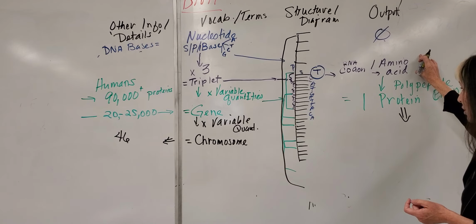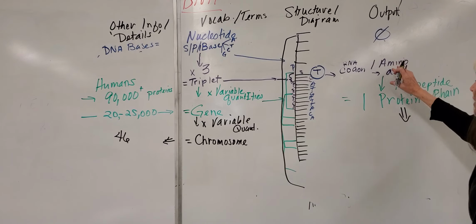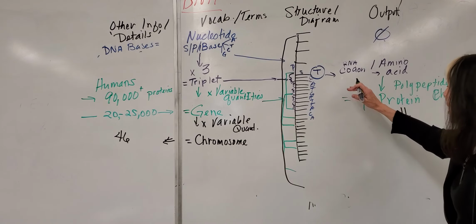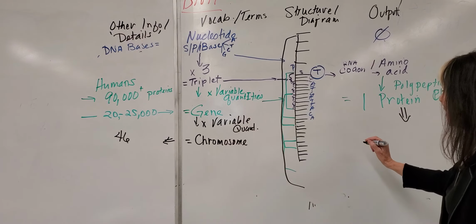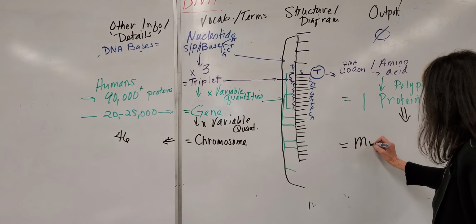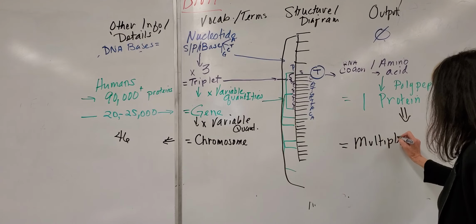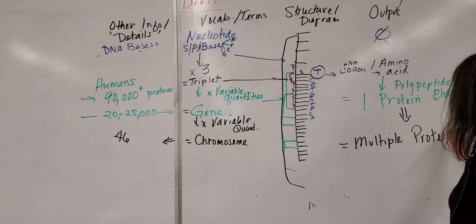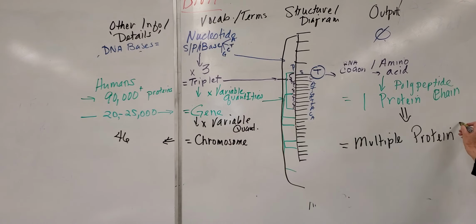A triplet turned into a codon makes 1 amino acid. Chains of amino acids make 1 protein. So what all of it together makes is multiple, you got it, proteins. So what is genetic code? Genetic code is a series of proteins.